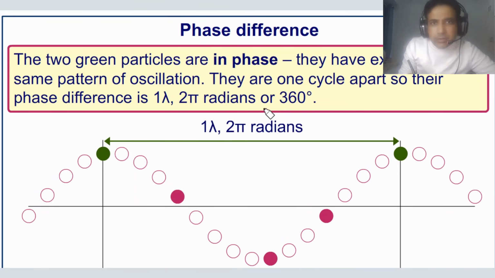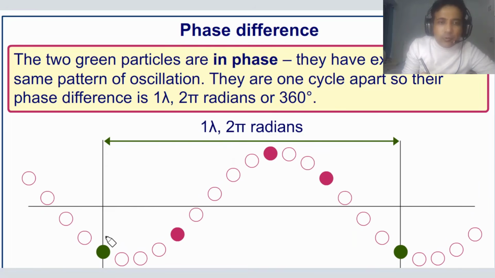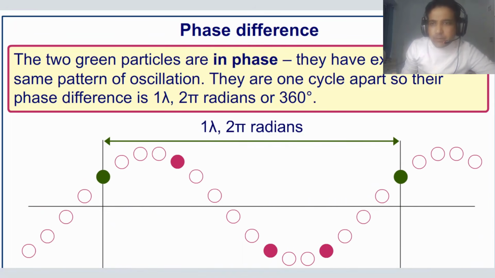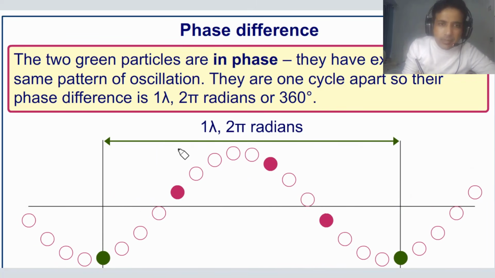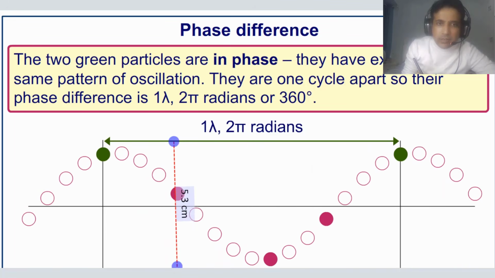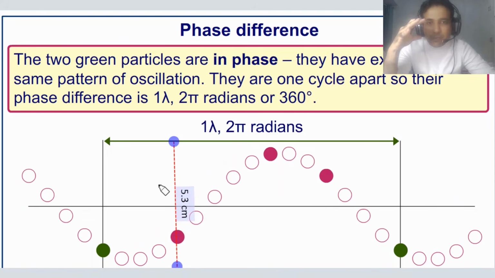Let's try to understand this one with the help of animation. As you can see, in this case we have four particles, so we can say this is particle 1, this is particle 2. If you look at particle 1 and particle 2, simply I can draw the line here. You can see these two particles always have the same phase difference.